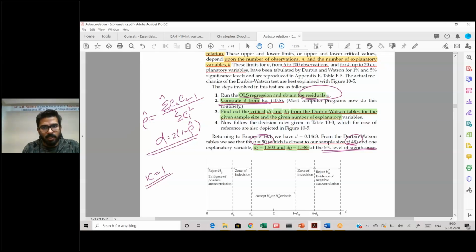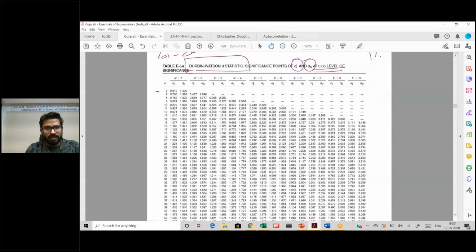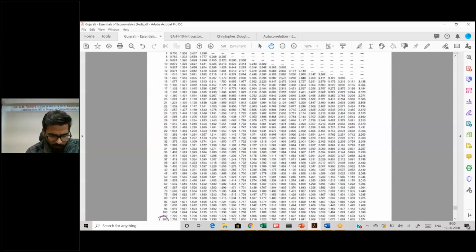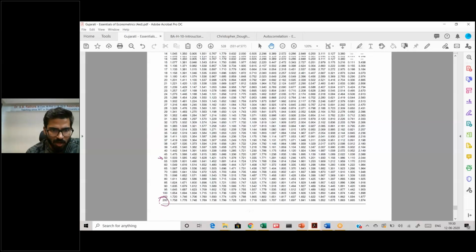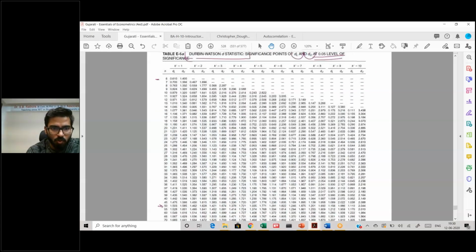Remember, this is excluding the intercept term. So what you do is go to the Durbin-Watson D statistic table. See the number of observations 50. You have K equal to 1, and you have 2 different values. So you have a value of 1.5 and 1.58. These are the 2 critical values, DL and DU.